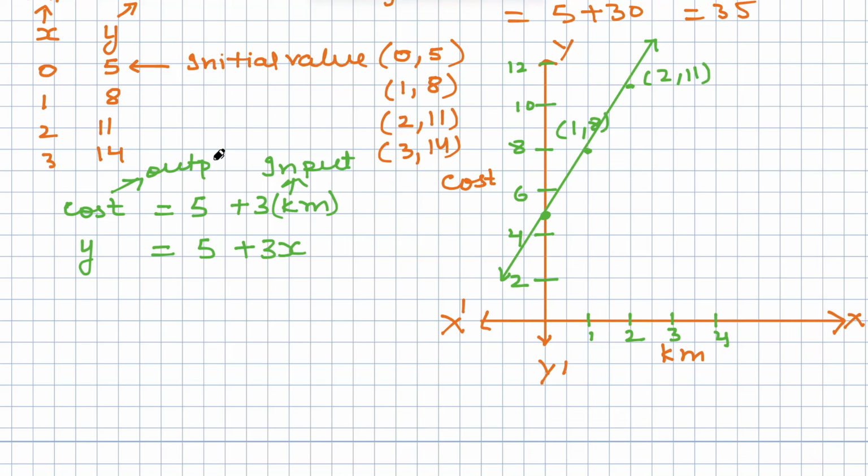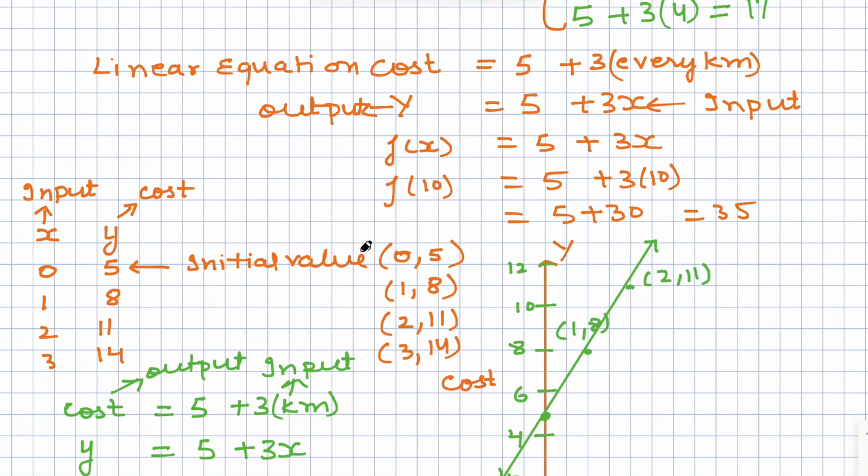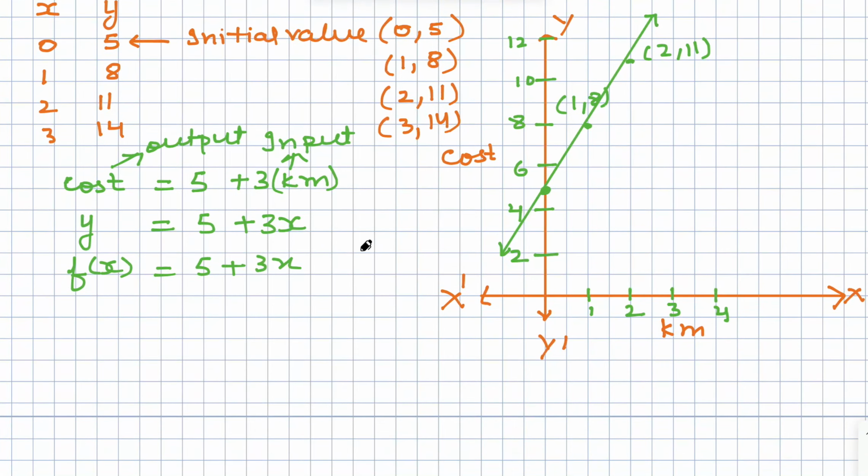She has to pay according to the distance traveled. Now, when it comes to math, we use a very specific term. This y is the output which is dependent upon x. So we also call it f of x is equal to 5 plus 3x. Right? Yes, we have done it here too. So we have drawn a graph. Now this is the initial value, this is cost, this is kilometers.